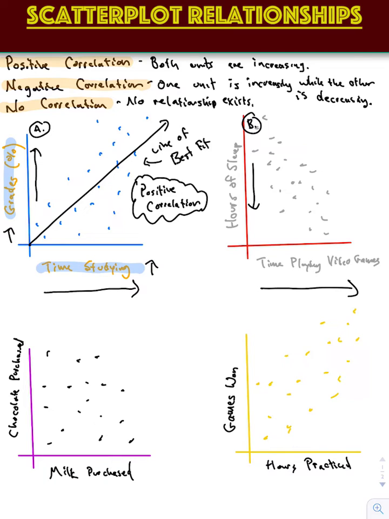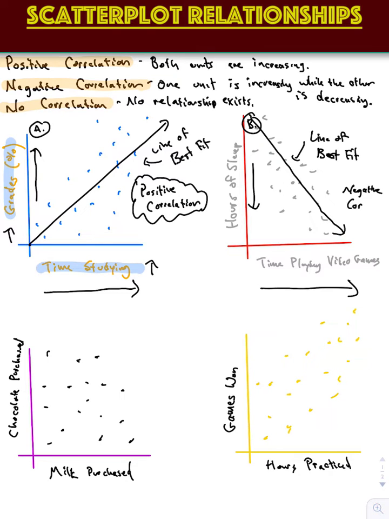It is the opposite of graph A. We can still draw a line of best fit. It kind of goes right through the heart of our data here. But the line of best fit has a negative slope. It is going down. This is what we call a negative correlation.